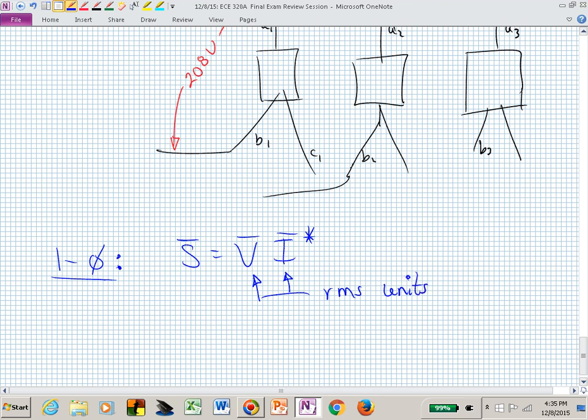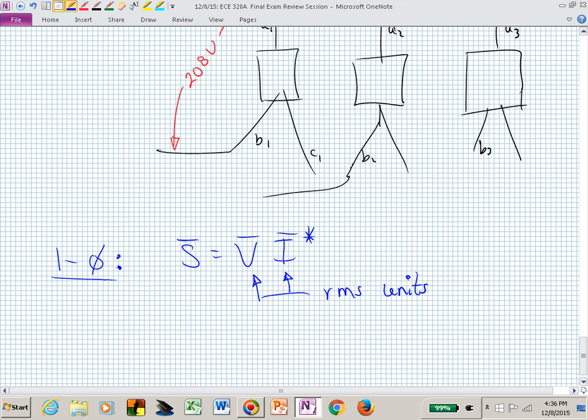If I give you a time domain waveform, by convention, the amplitude is a maximum value. If you do the RMS of that sinusoidal voltage, you would be cutting that by the square root of 2 to get the RMS magnitude. So I could give you time domain waveforms and ask you to calculate powers, and you need to make sure you're keeping track of the kinds of magnitudes or amplitudes that you're using.